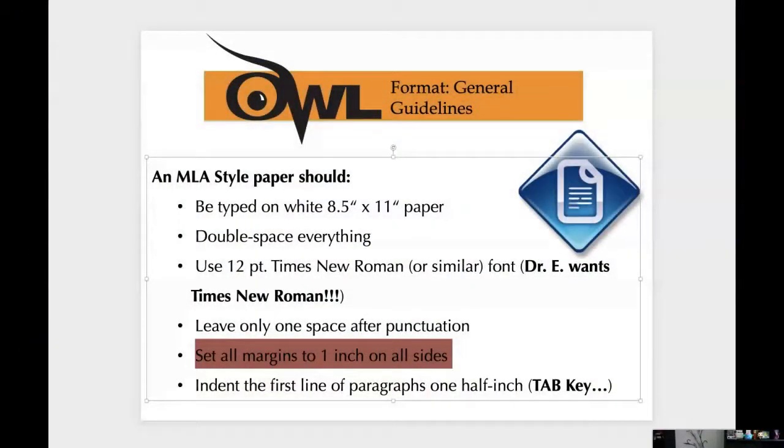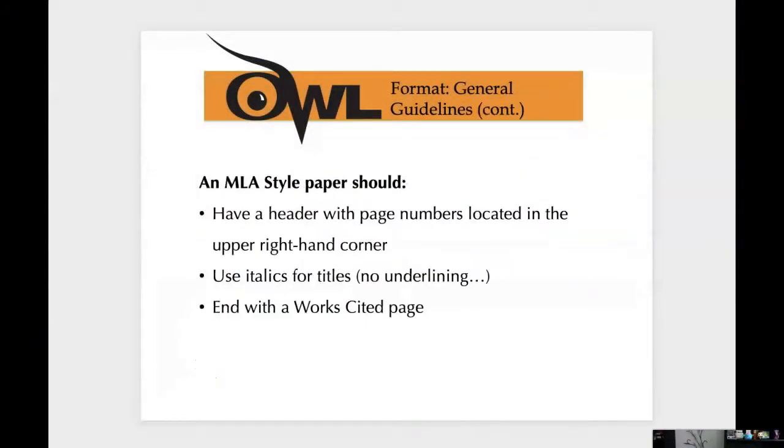Not only is it not going to be accurate, it's too much time and effort on your part. Hit that tab key, it's on the left-hand side of your keyboard, and it should automatically indent to 1/2 inch. If your keyboard doesn't do this, then you can reach out to me and we can try to figure out the problem, but it should default to that, okay? I mean, this is how specific MLA gets, okay?